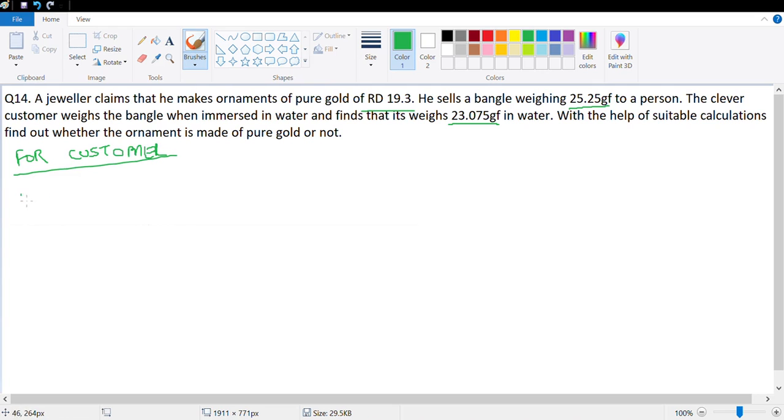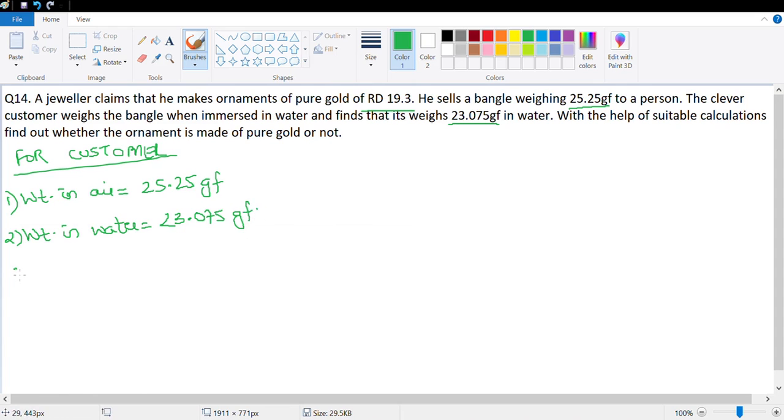weight in air is given equal to 25.25 gram force and weight in water is given equal to 23.075 gram force.